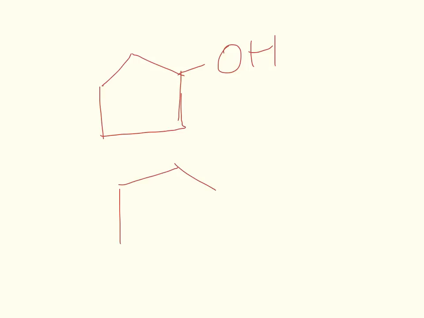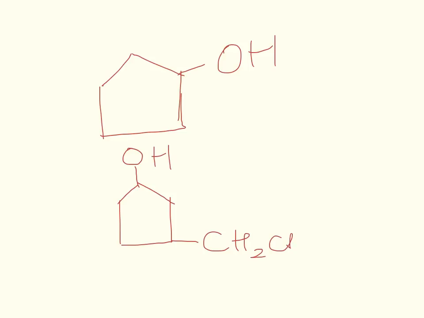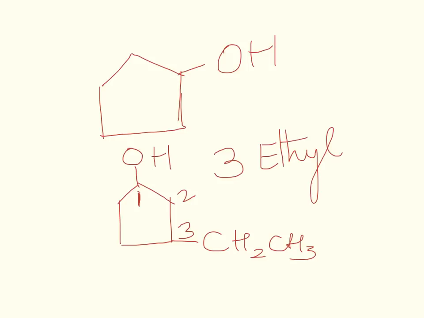But if you had a cyclopentane with a CH2, CH3 like this, then remember the alcohol is named in such a way that the carbon that has the OH gets the first number or the lowest number. So this would be 3-ethyl cyclopentanol.